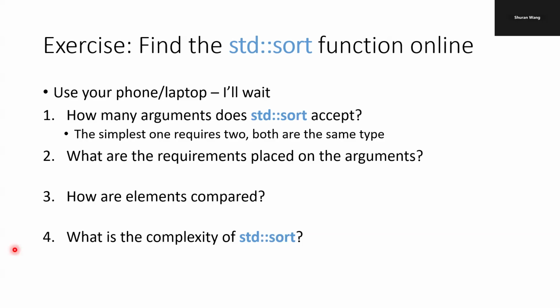There's another version of it, and there is another version of it. The simplest one takes 2, and it has multiple versions that you can use if you need them.